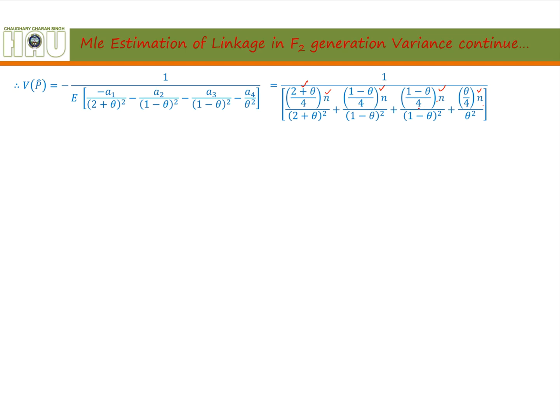What we will get? So you will get 1 upon, now this n, this 4 is there, 2 plus theta.